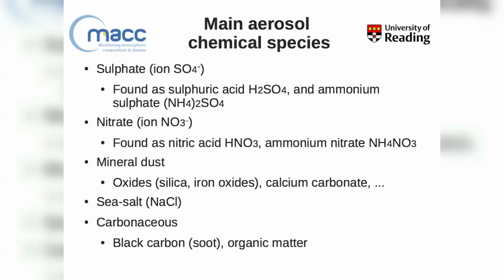Sea salt, of course, that's the aerosol you may feel in your hair when you've been at the beach for a long time. This is typically made of crystals of sodium chloride.